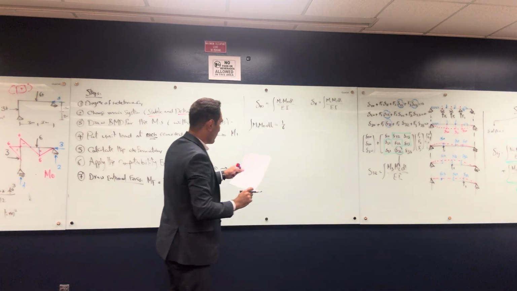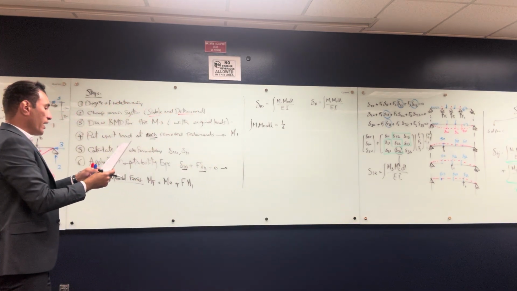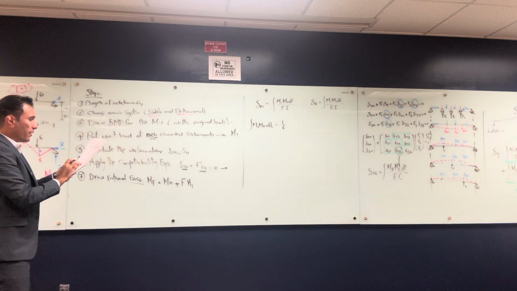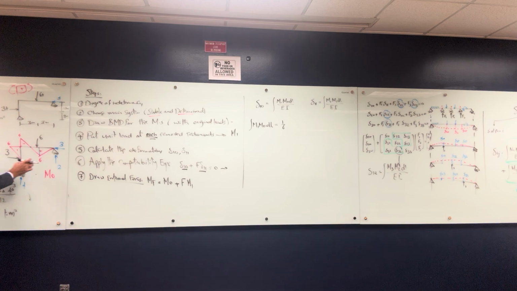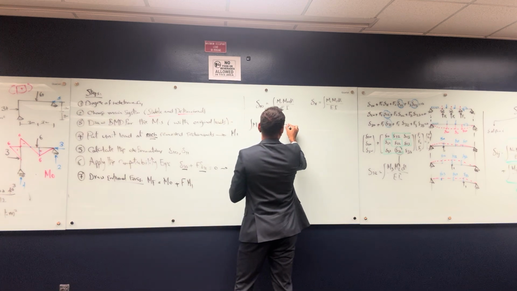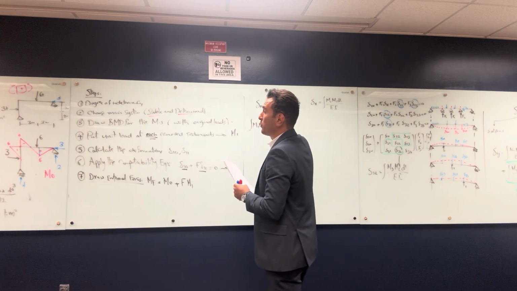So this should be 1/6. And then the moments that we have here are M1 and M3. M1 is 6. M3 is, because M1 is the M0, which is this one, so I'm going to base it on 3 and 6. We have to make sure if it's positive or negative.